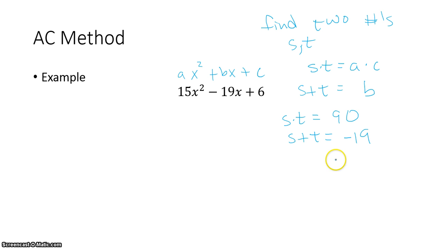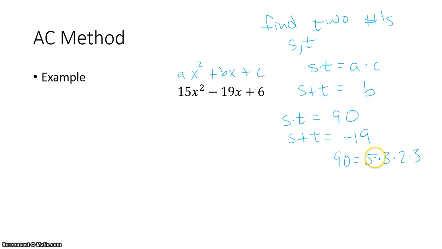Again, useful for us when we're doing the AC method is to take this 90 and write it out in terms of its prime factors. So I'm going to write 90 as, and you can check this, 5 times 3 times 2 times 3. Now I know when I multiply all these numbers together, I get 90.